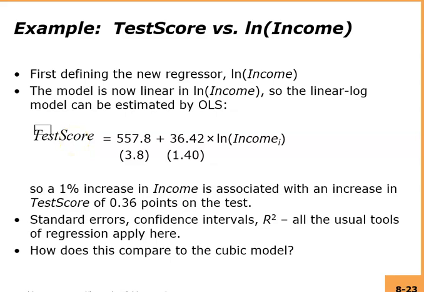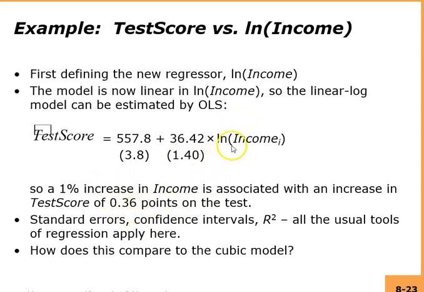linear relationship. What that simply means is that if you're thinking of percentage change in income, if you have a lower level of income, a 1% increase in income would amount to a lesser change in income. And that lesser change in income will result in an increase of 0.36 points on the test.